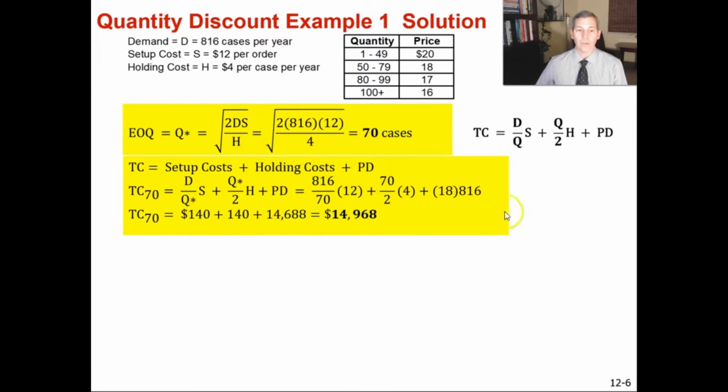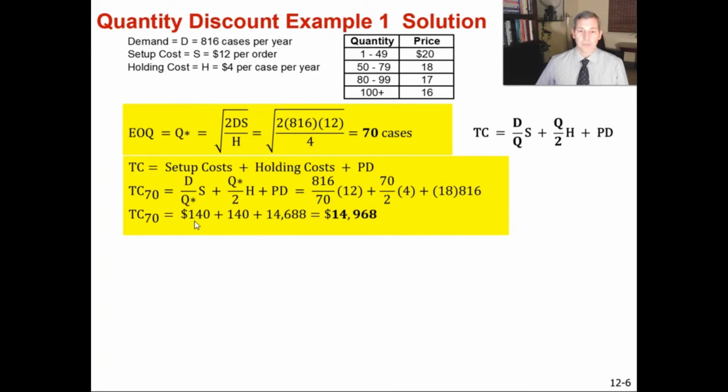We plug in all the numbers just like we've done a couple times now, but now we're adding in that $18 per case and that you're going to buy 816 cases per year. So your total cost when we buy our economic order quantity of 70 cases at a time is $14,968.